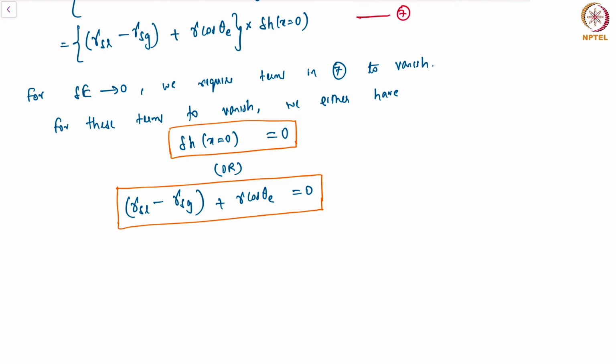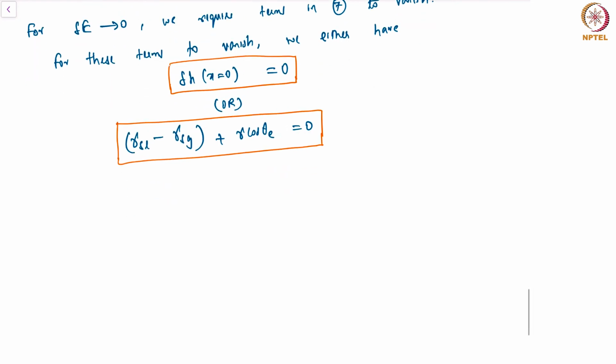Incidentally, this second quantity has a name. This is called Young's law. Young's law says that the cos of theta E, the angle at the wall, is related to the difference in the surface energies, that is gamma SG minus gamma SL by gamma.